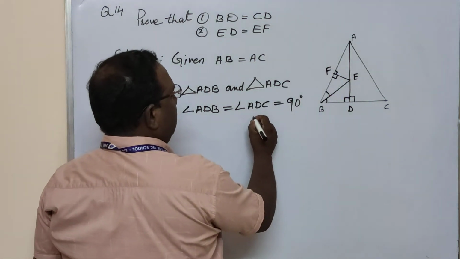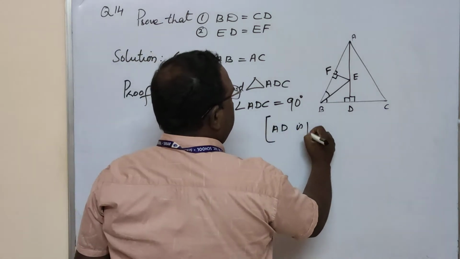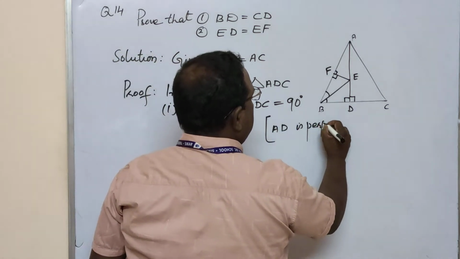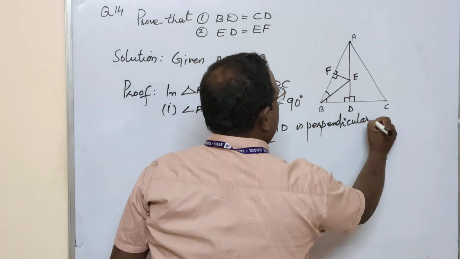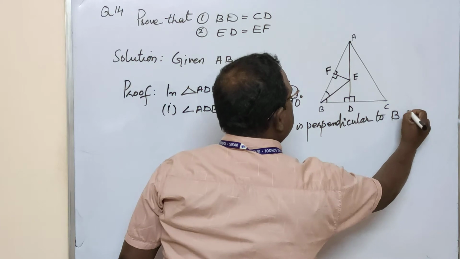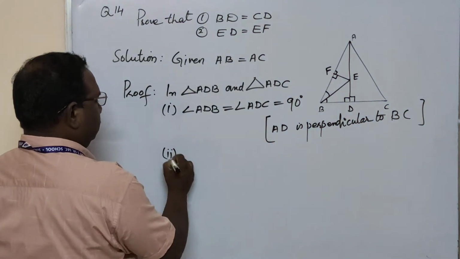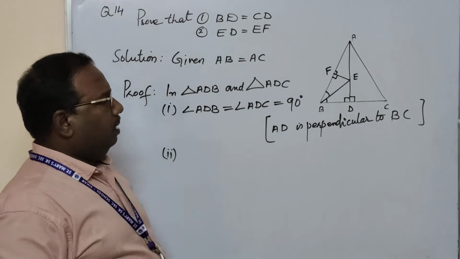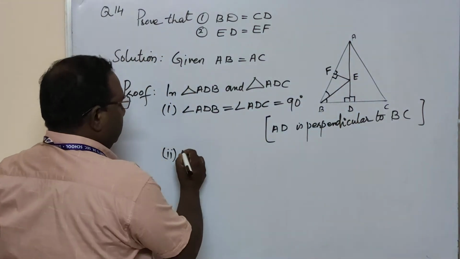I am writing reason here. AD is perpendicular to BC. Point number 2. AD equal to AD, common side.